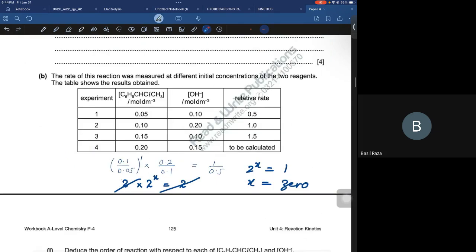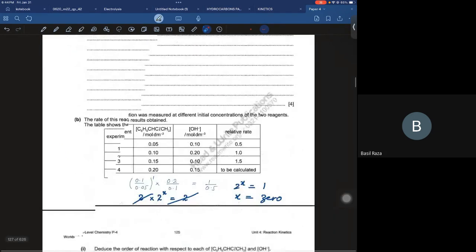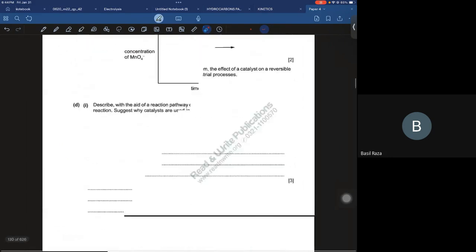Okay, so let's see the marking scheme. It's question number 6.